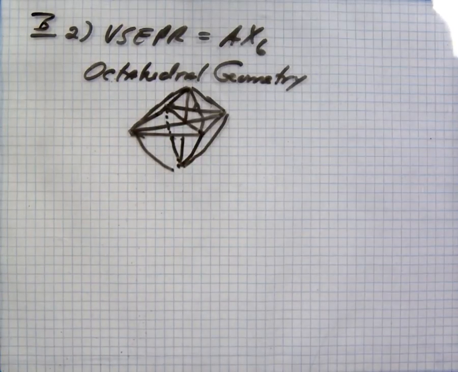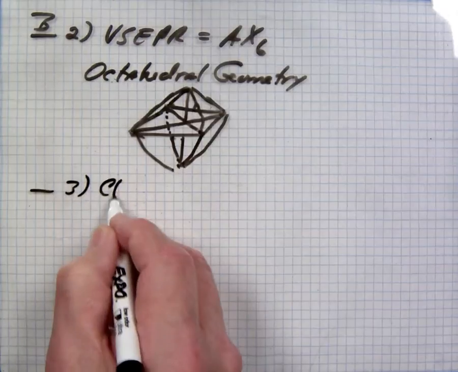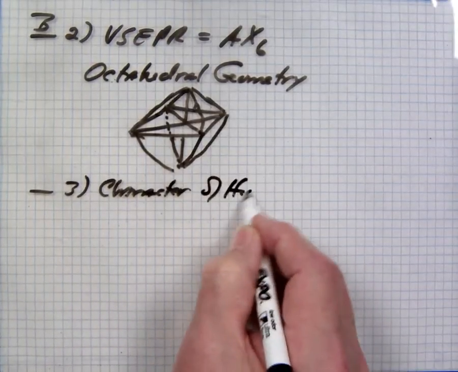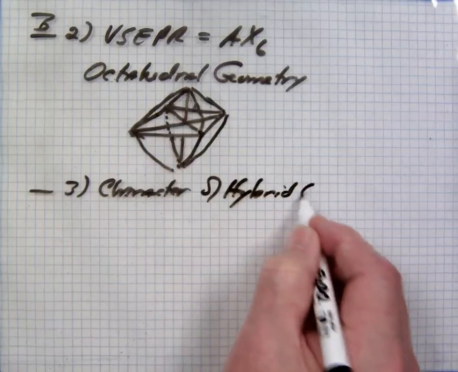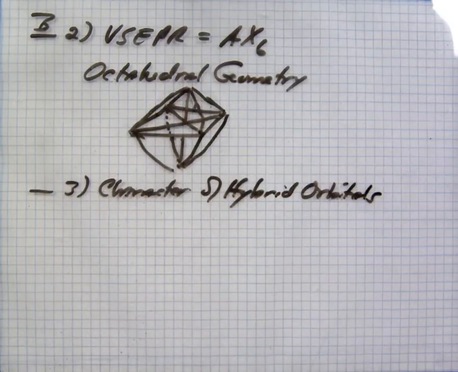Okay, which of the following is characteristic of hybrid orbitals? Well, all of these are very important. That's why I listed them all in there. So, character of hybrid orbitals. The main thing for hybrid orbitals is that they have all the same energy.